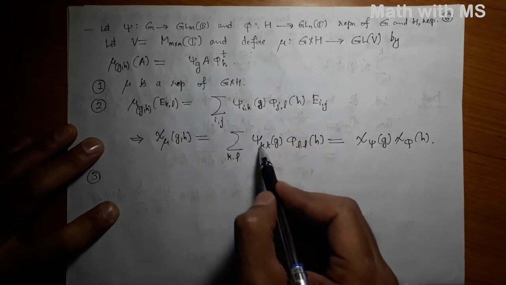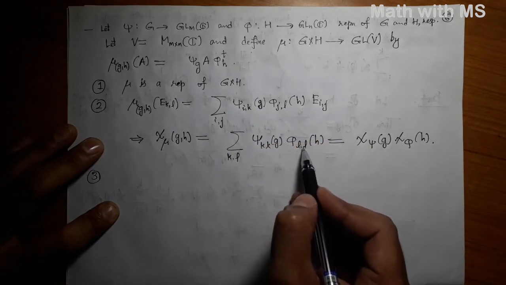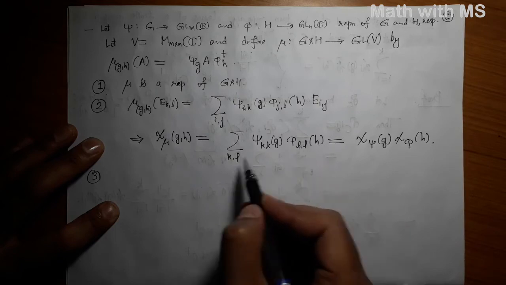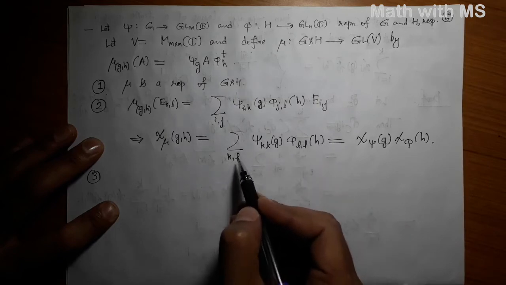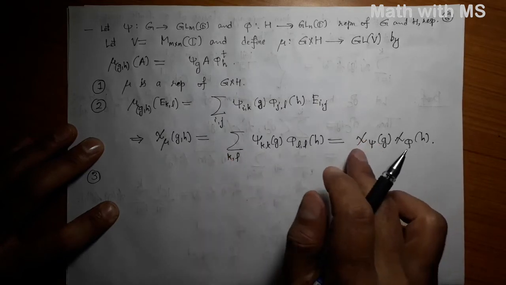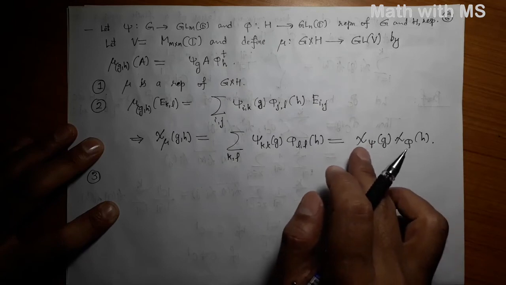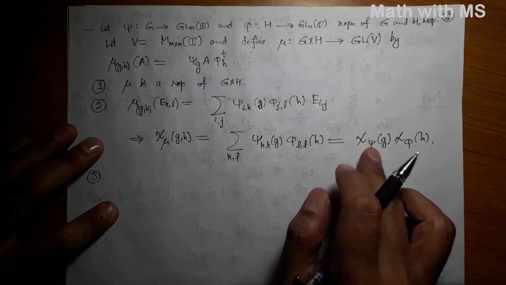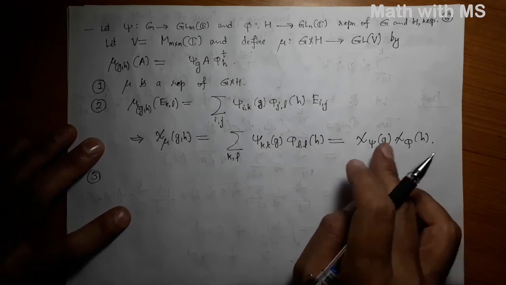So that becomes psi_kk of g phi_ll of h, and I run over k and l, right? But this is just the same as the product of the characters of psi and phi evaluated in g and h respectively.